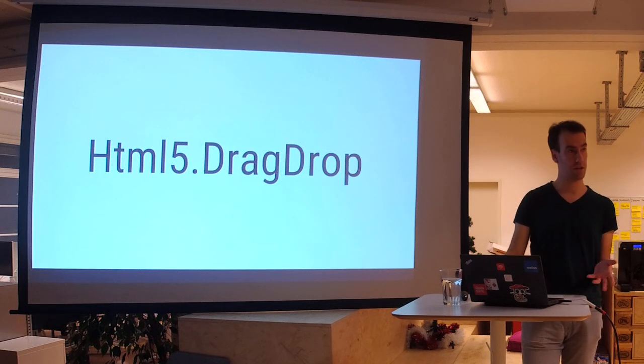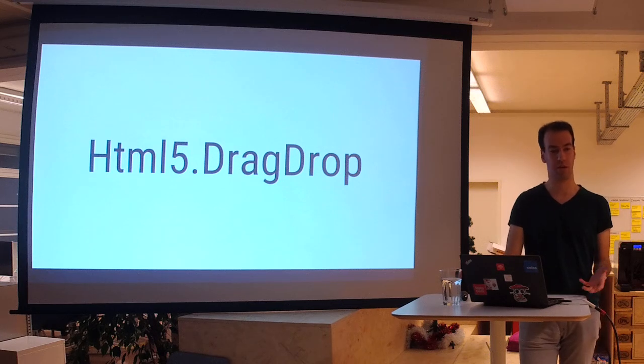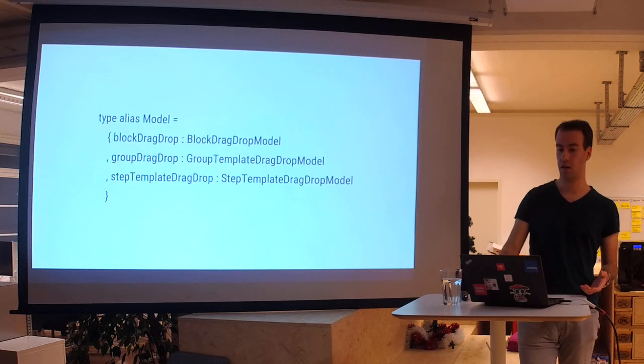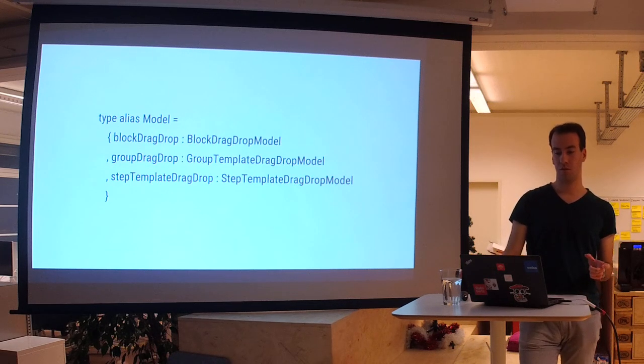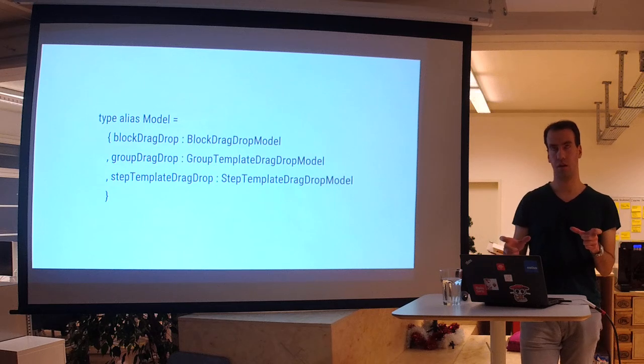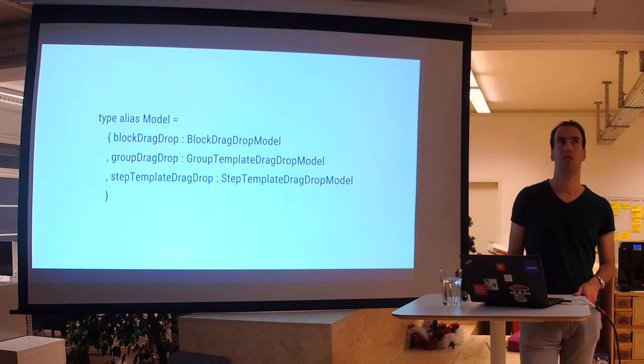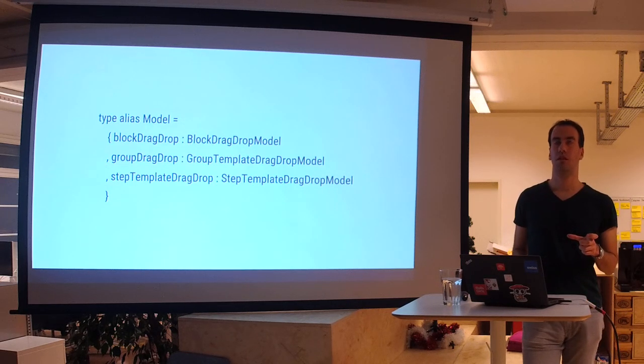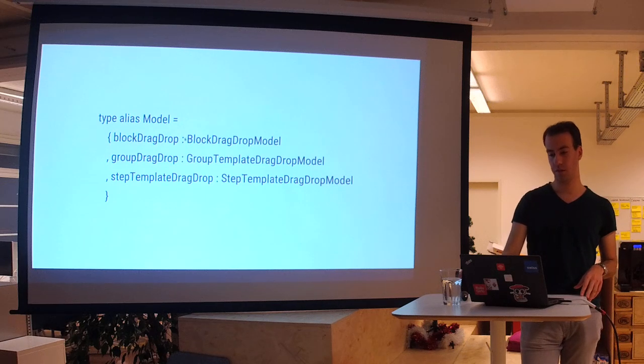But still, and it's not a very complicated library, but it's nice that it exists. And what you do is you need to store in the model something which, well, this is opaque.